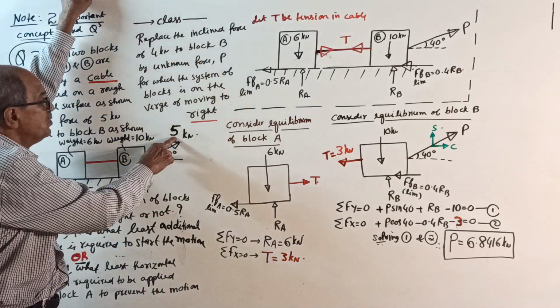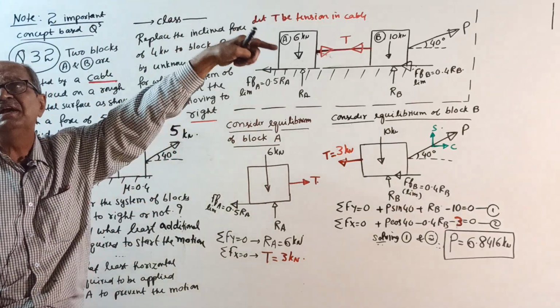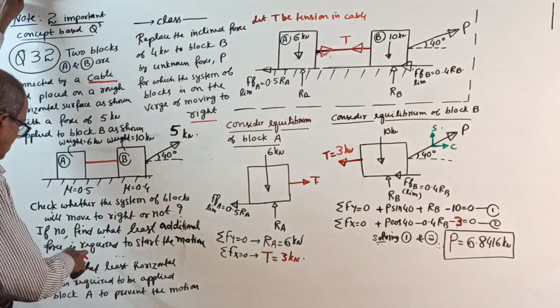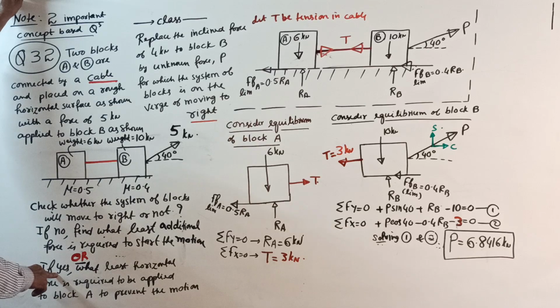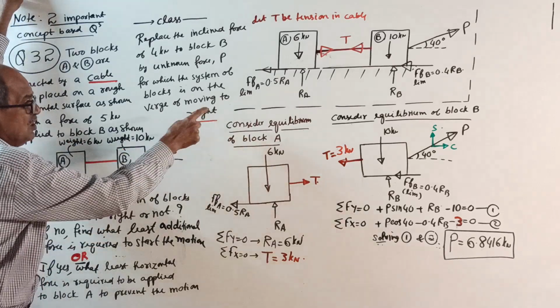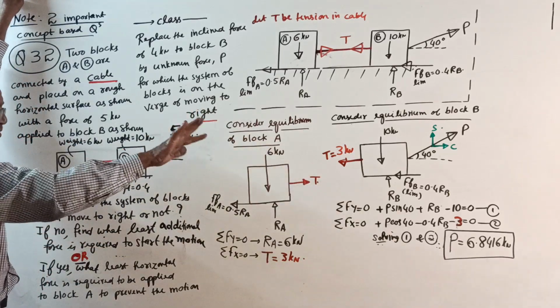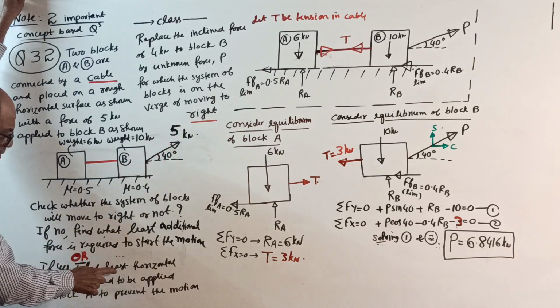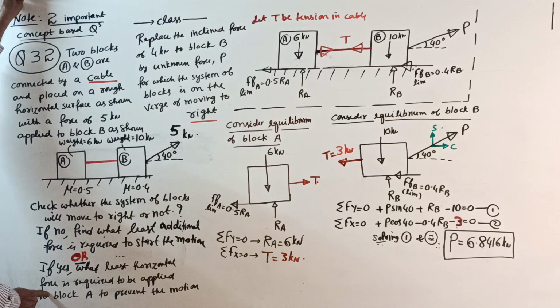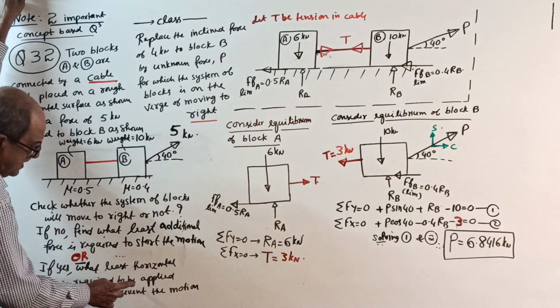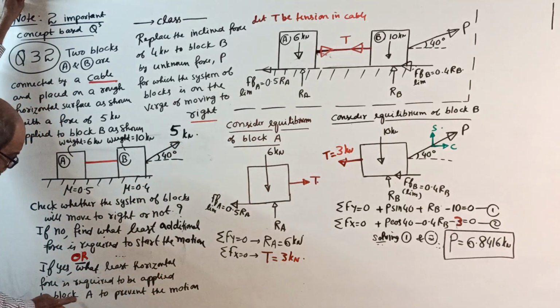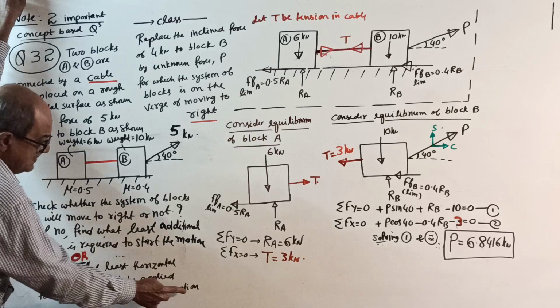You have to increase this force. They are asking you how much increase required. Or if the answer is yes, means what? When you apply 5 kN, if the system is moving to right side, then what least horizontal force, this is inclined force, what least horizontal force is required to be applied to block A to prevent the motion.